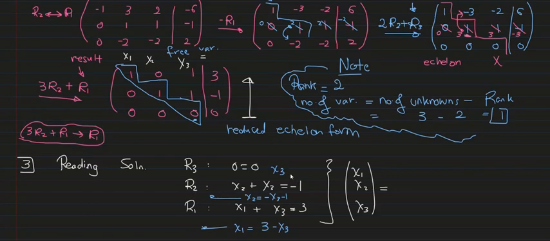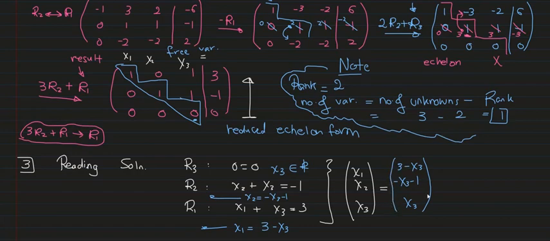The last time we called it t, and we will say that x3 belongs to all real numbers. It's a free variable. Hence we have x1 as 3 minus x3, and x2 from here is negative x3 minus 1, and x3 is x3. It's a free variable that belongs to all real numbers.